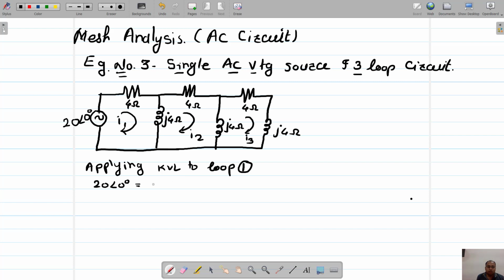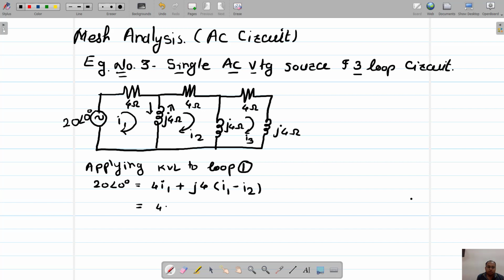Then 4I1 plus, from this J4 resistor two currents are flowing, I1 and I2, and they are opposite in direction to each other. Since we are applying KVL to loop number 1, we need to consider I1 larger as compared to I2. Then let us club the terms of I1.